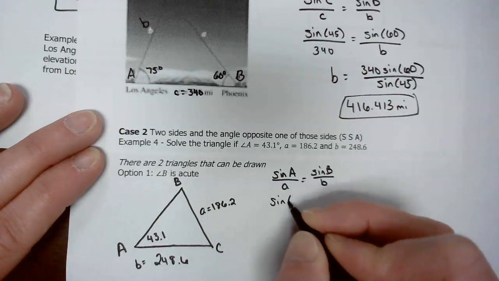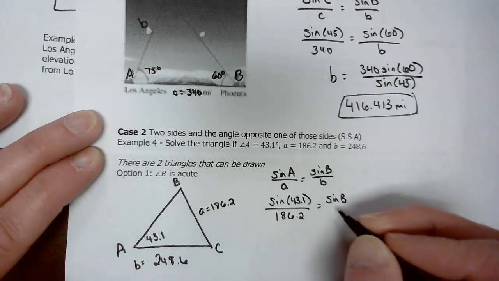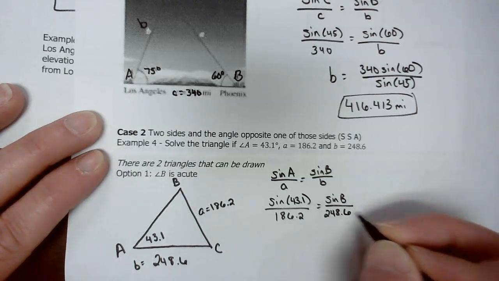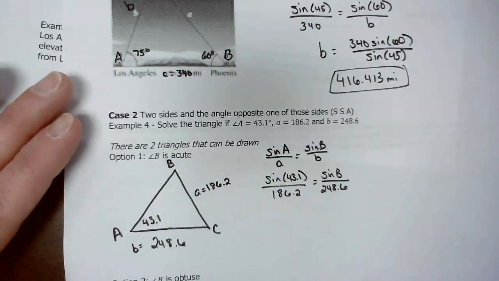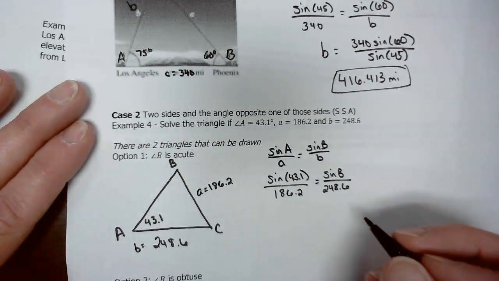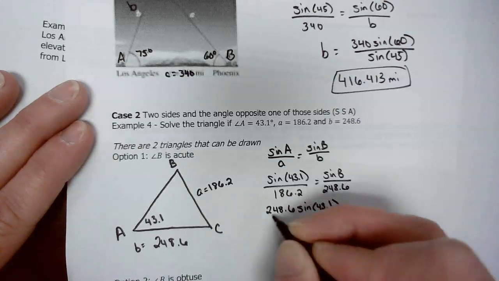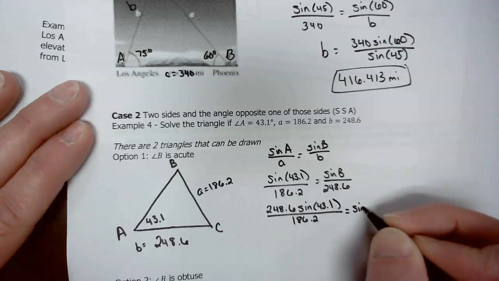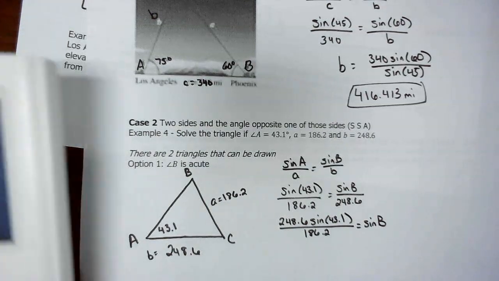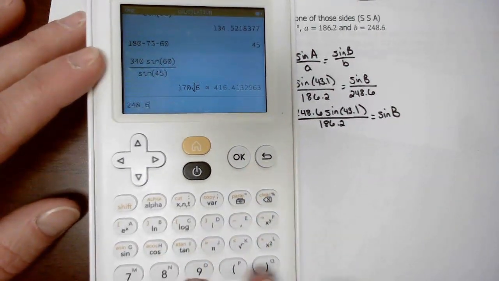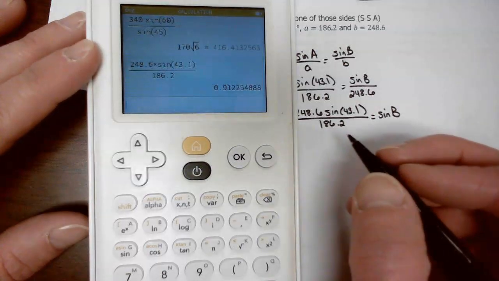And so I know angle A and side A. And I don't know angle B, but I do know side B. And so I can do my cross multiplying again, but this time I'm going to end up with 248.6 times the sine of 43.1 divided by 186.2 equals the sine of B. Well, if I find that left side, 248.6 sine of 43.1 divided by 186.2, that is not giving me my angle.